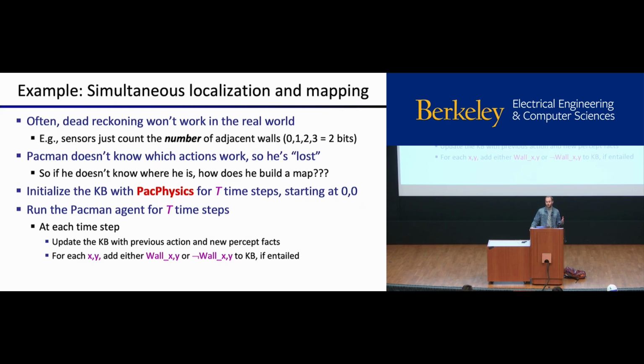In some circumstances, you won't be able to deduce either. Neither of these will be entailed by your knowledge base, plus your actions, plus your percepts. And likewise for these variables, am I at XY at time t? And you choose an action to get to the next time step, and you keep going. And in many settings, I'm sure you can design some where you never learn anything, but in many settings, you can slowly build the map and figure out where you are together.